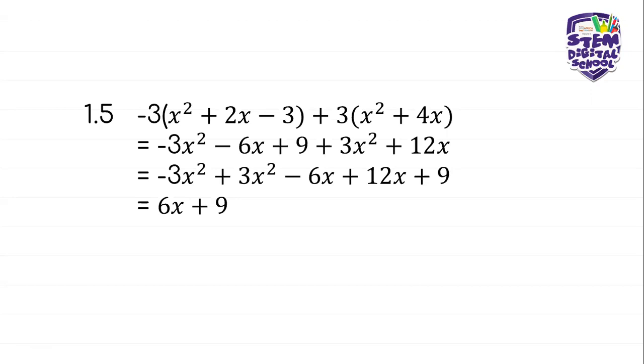And then minus 6x plus 12x. You can just subtract 6x from 12x, so it's the same as 12x minus 6x. And then you bring down the 9. So the solution will be 6x plus 9.